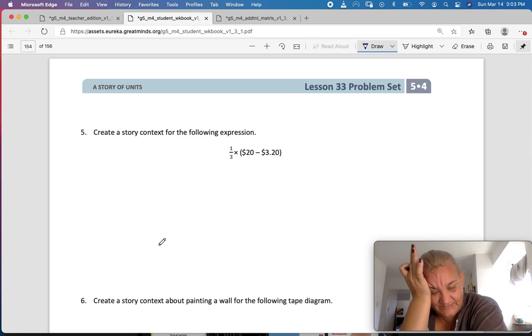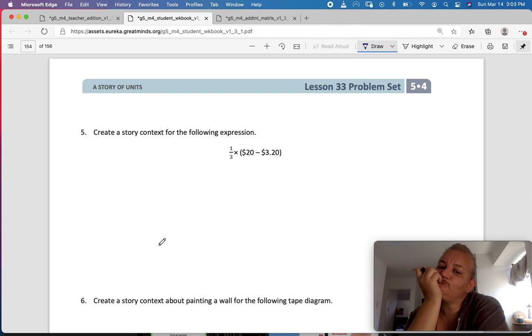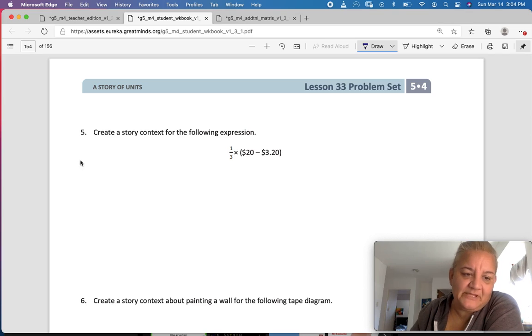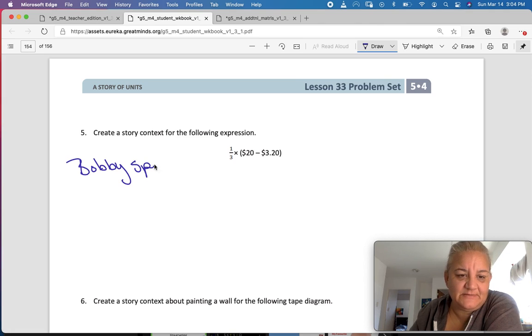Create a story context for the following expression. Let's see. Let's start with that $20 bill. Bobby spent $3.20 of his $20 allowance.